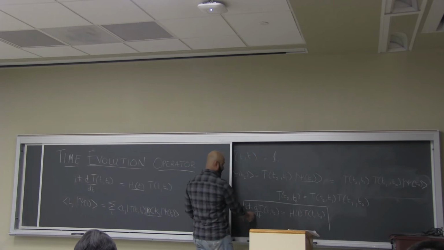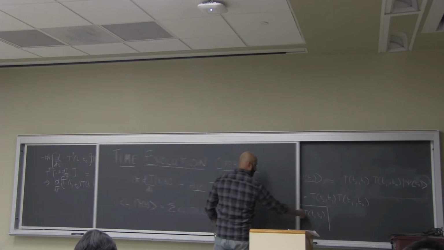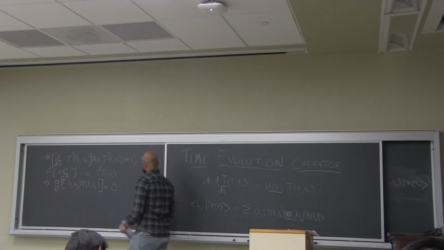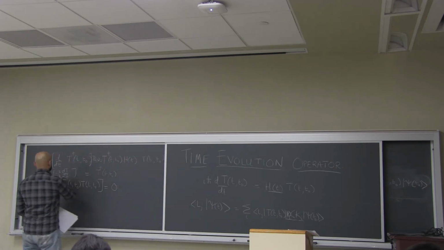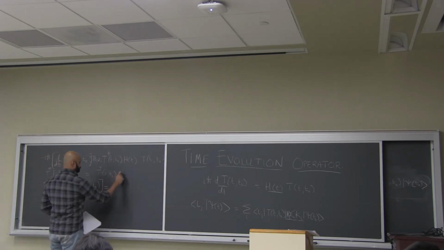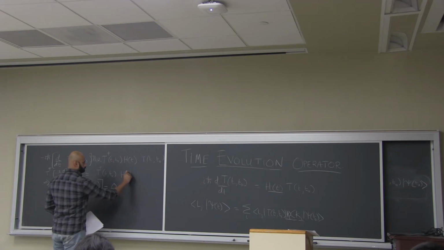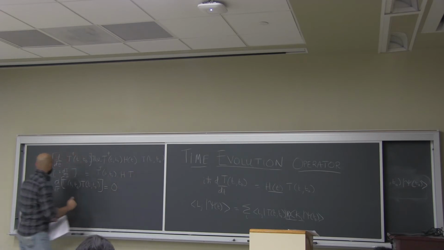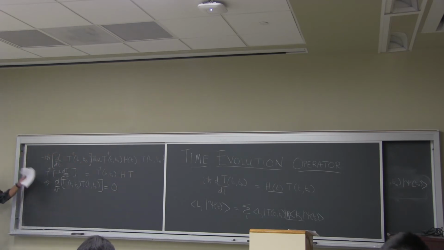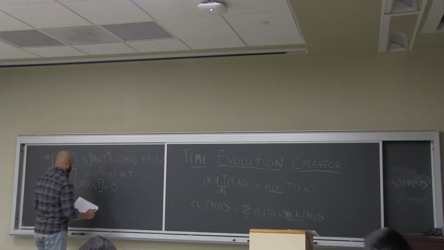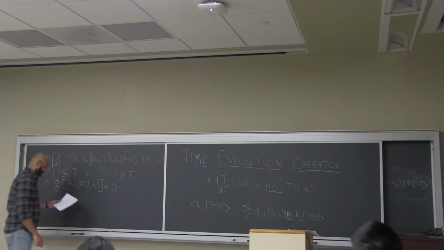So I've taken this equation and multiplied on the left by T dagger. Okay. So you can see by taking the subtraction of these two, you get this relationship.